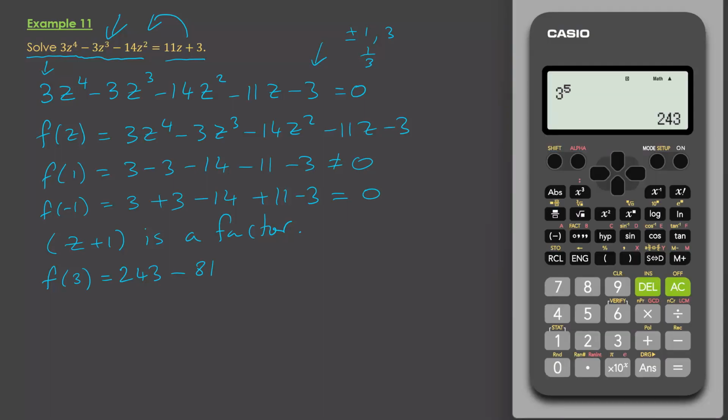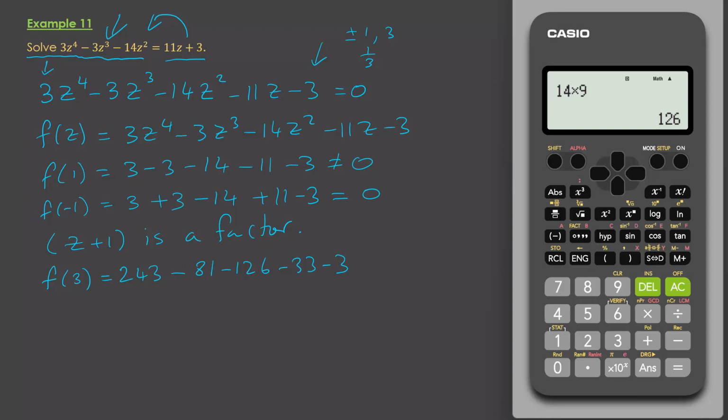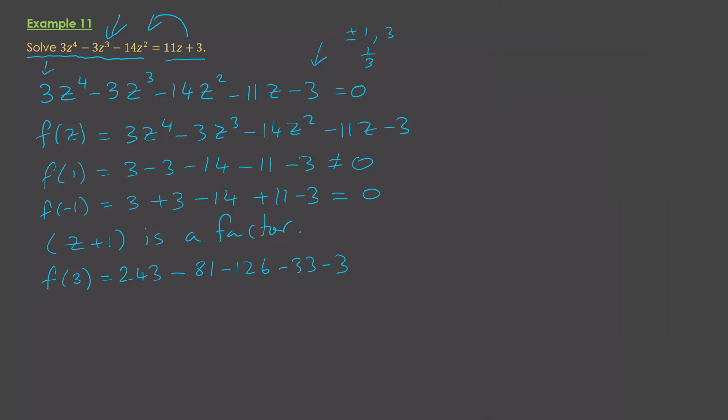Take away 14 times 9, so take away 126. And then we've got take away 33 and take away 3. Let's see what that comes to. So we've got 243 take 81, take away 126, take away 33, take away 3. Oh, that is 0. Excellent.